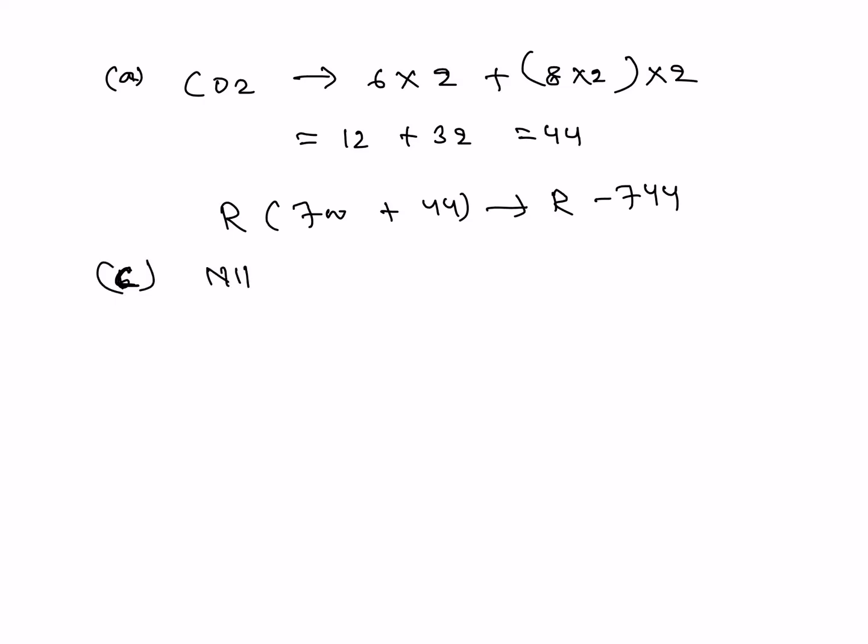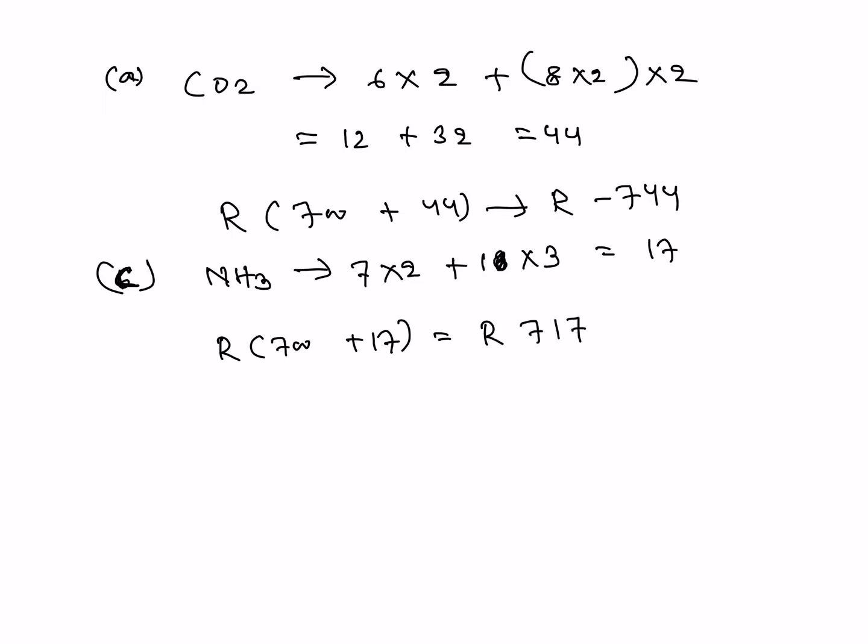C you have to check. NH3: 7 into 2 plus 1 into 3. 14 plus 3, 17. So R700 plus 17, R717.